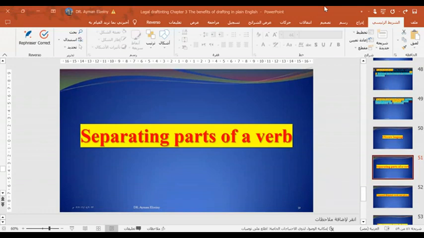And we discussed in detail wordiness and redundancy.